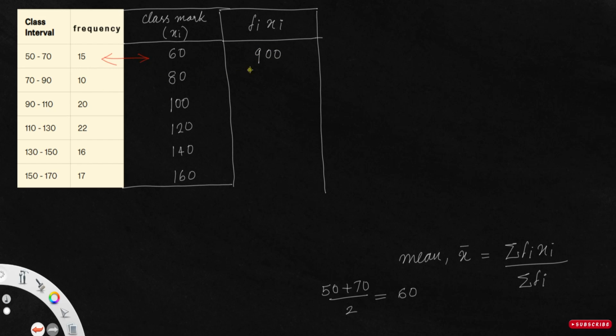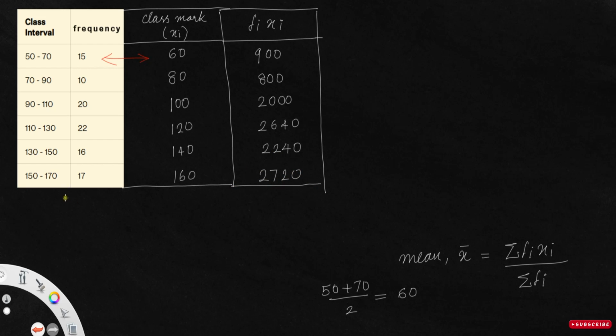Now 80 into 10 is 800. Now 20 into 100 is 2000. Now 22 into 120 is 2640. Now 16 into 140 is 2240. Now 17 into 160 is 2720.